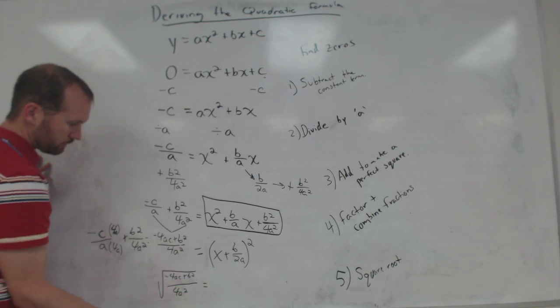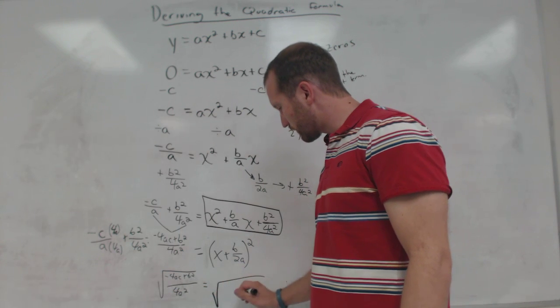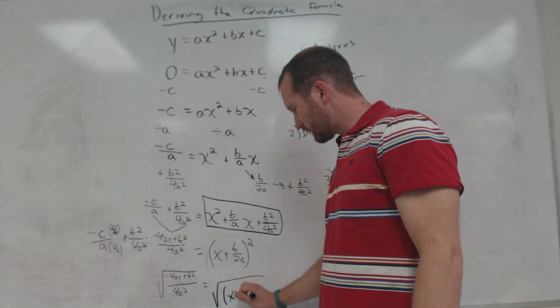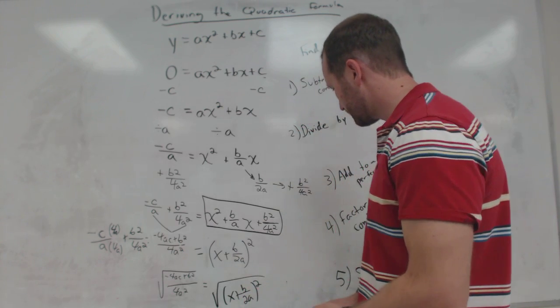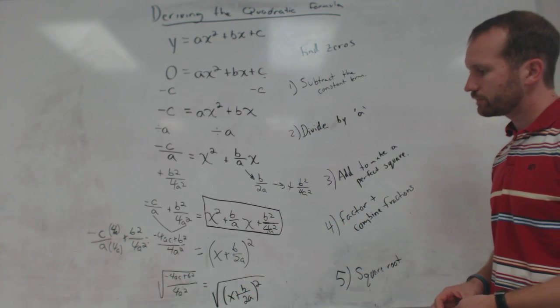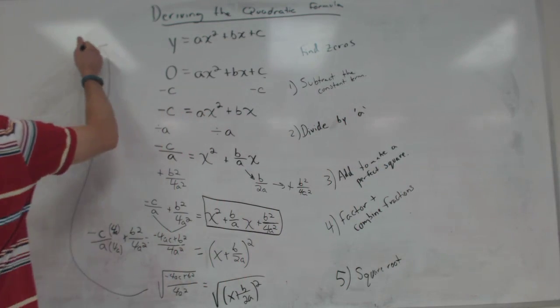You can't take any of those out. Oh. We will be able to. Oh, this goes to the square root of x plus b over 2a squared. Okay, I'm going to move up here in your notes. Just keep going down the page.